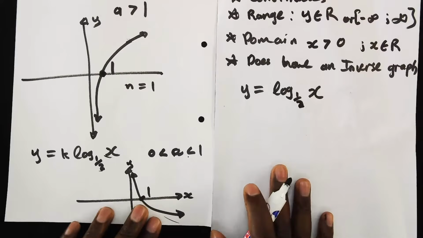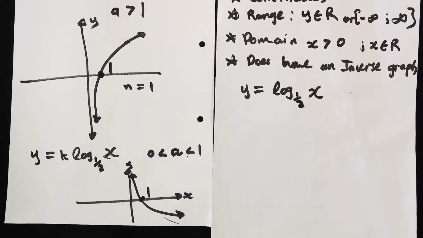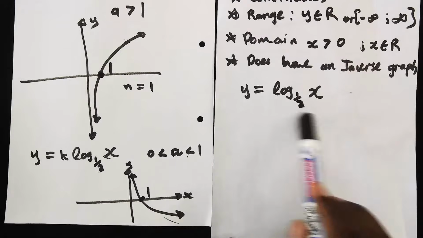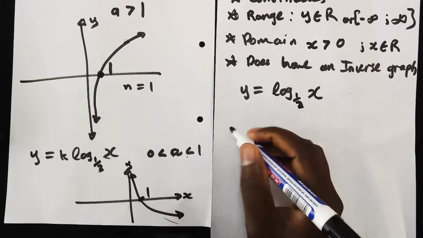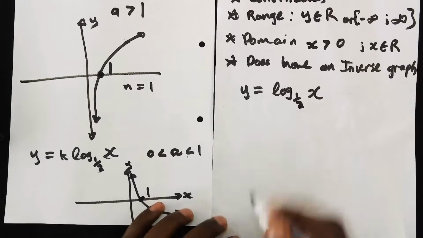So what is the inverse? If you want to find an inverse function, we are going to switch what we call x and y. So switch x and y. From there, you make y the subject of the formula, though the function will be in terms of x.